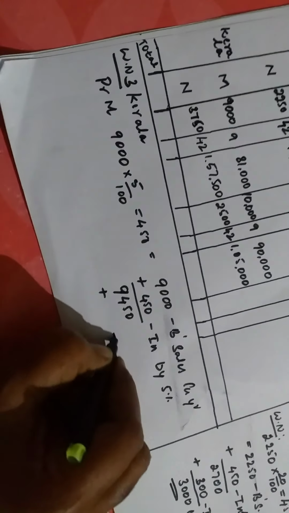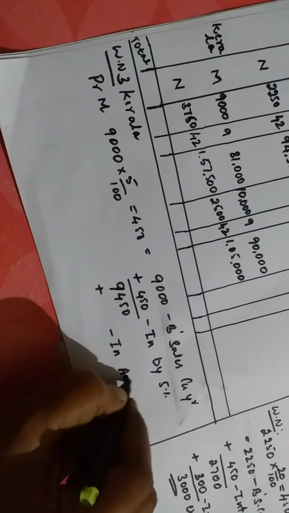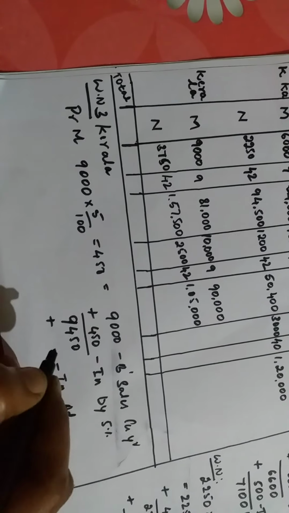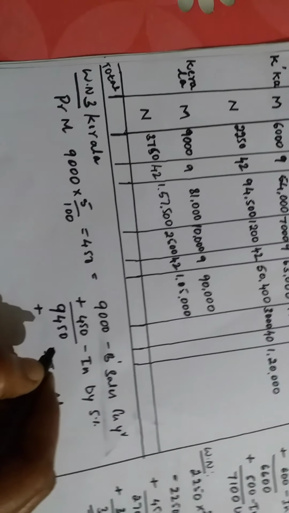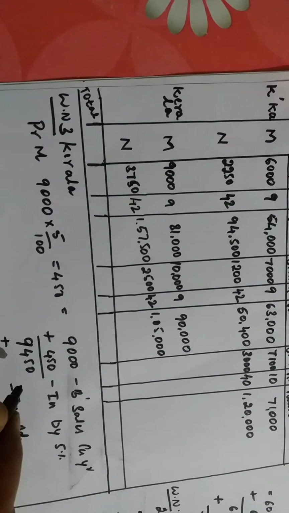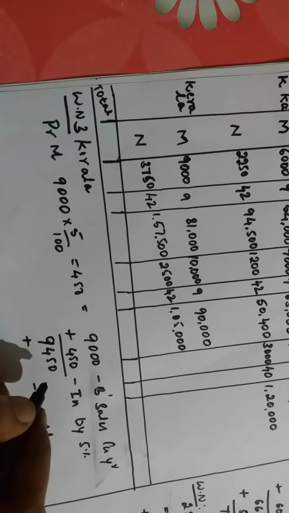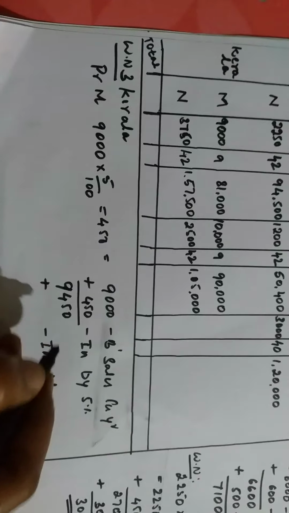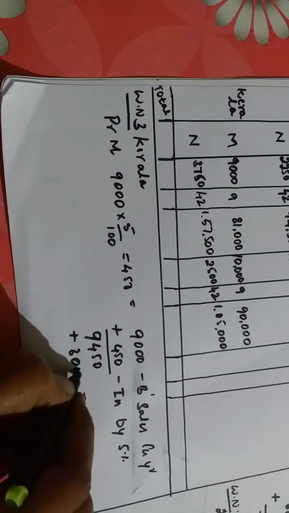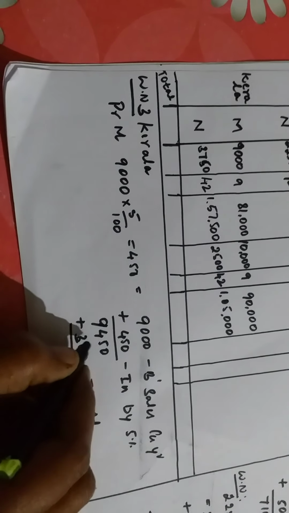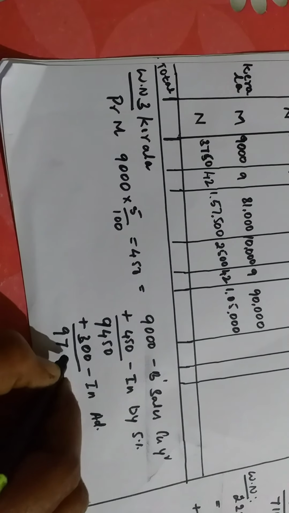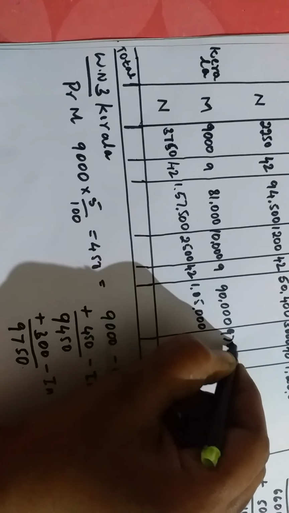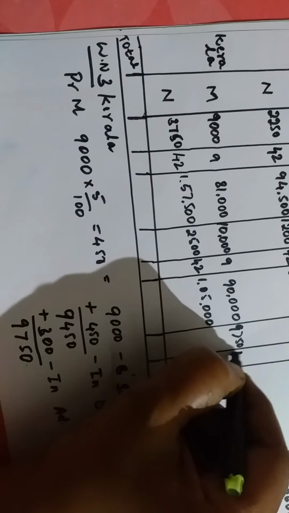Due to the increase of advertisement, the sales get pushed up by 300 units. So it comes to 9,750 units.